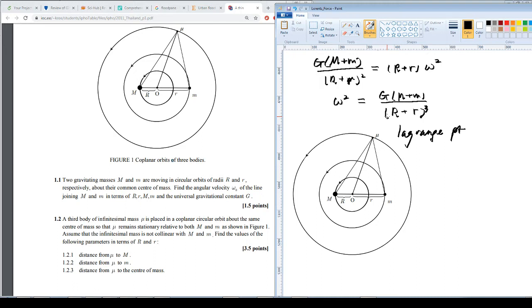So the sum of the two gravitational forces should be radial, essentially, right? That's right, towards the center of mass. Let's label a bunch of things.